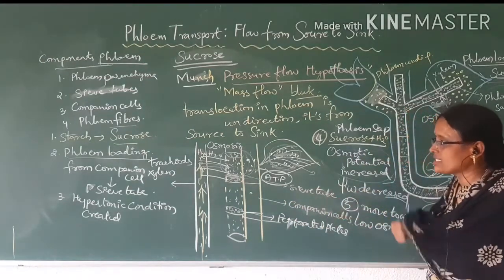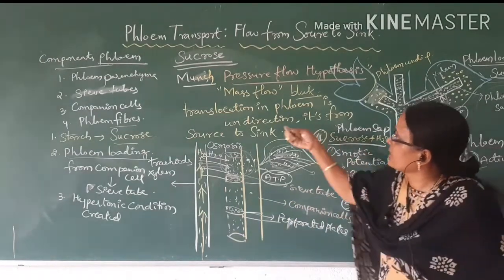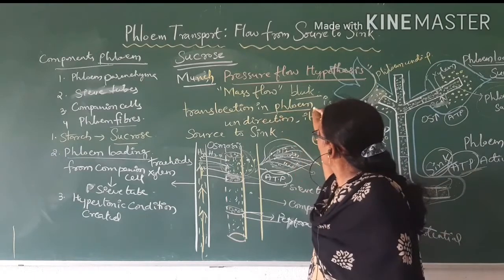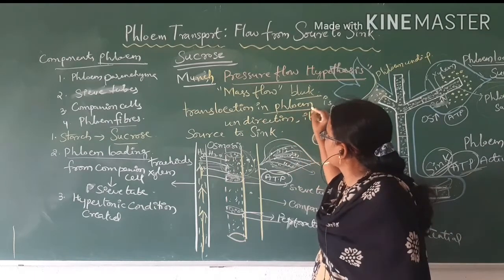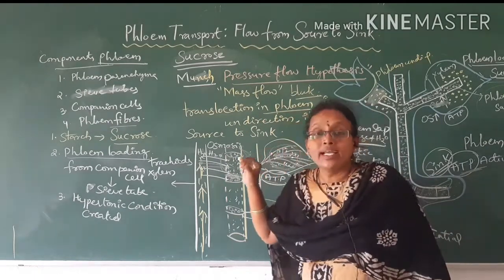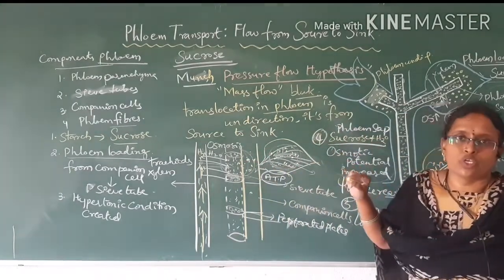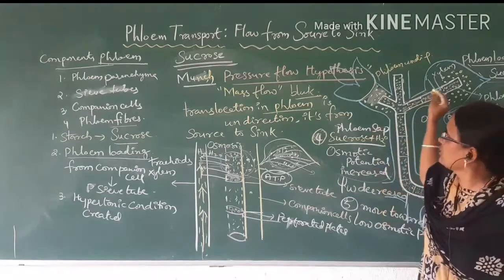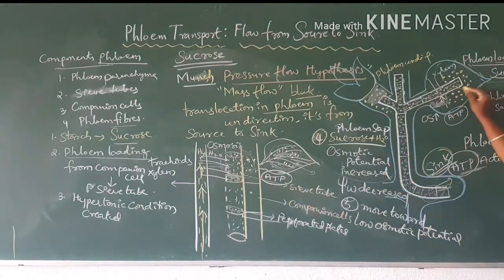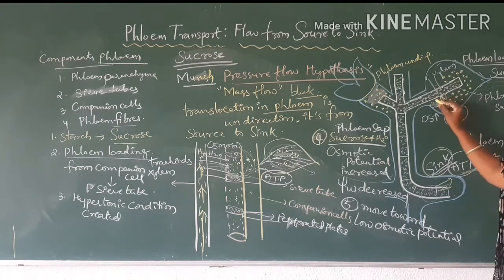In the translocation of sucrose solution, or phloem sap, in the phloem, it is multidirectional. It moves due to the osmotic potential only. First it is actively pumped into the phloem, that is phloem loading. After phloem loading, the osmotic potential is created and it moves towards where the low potential is.